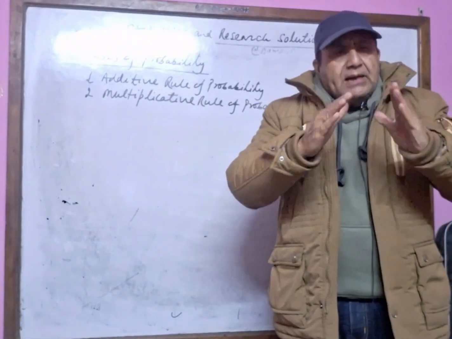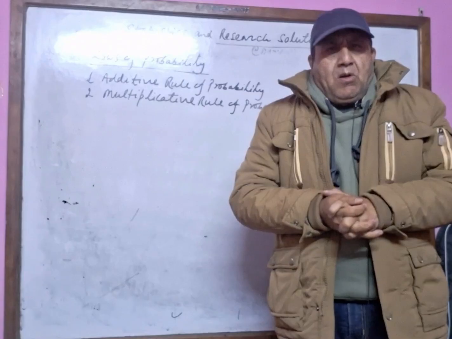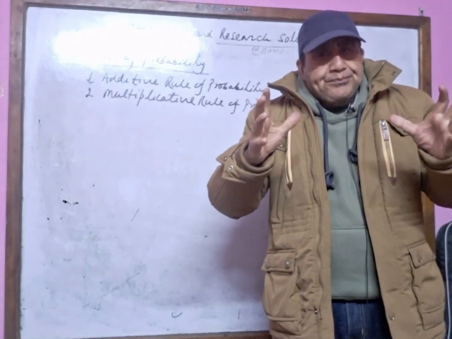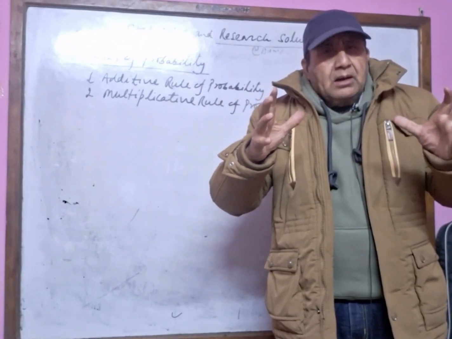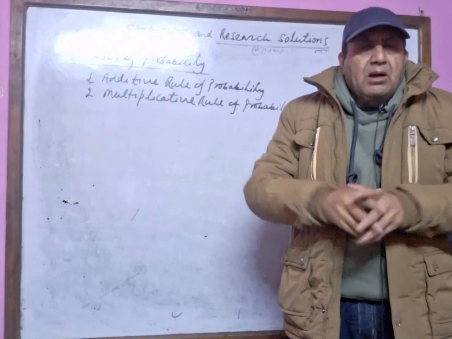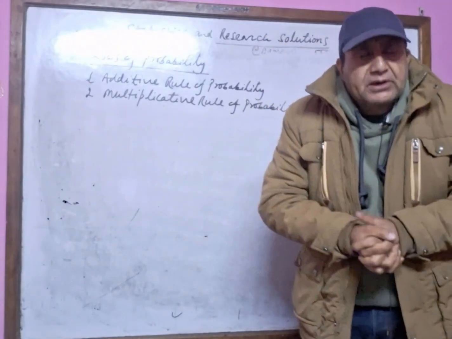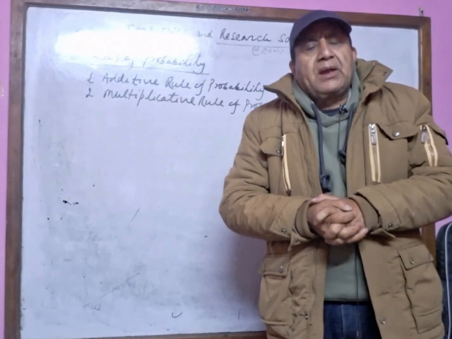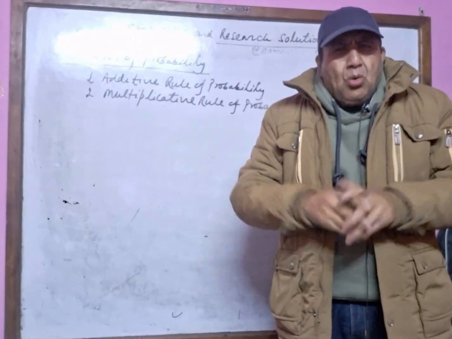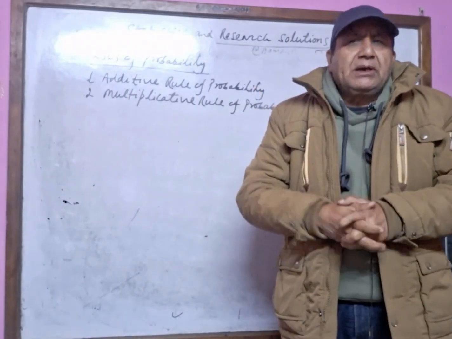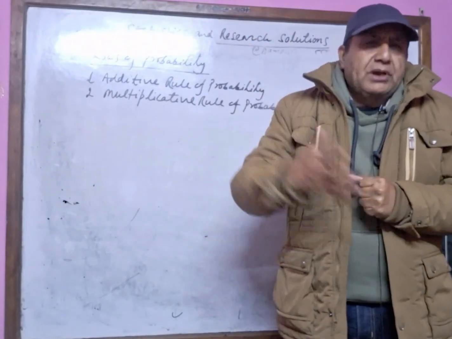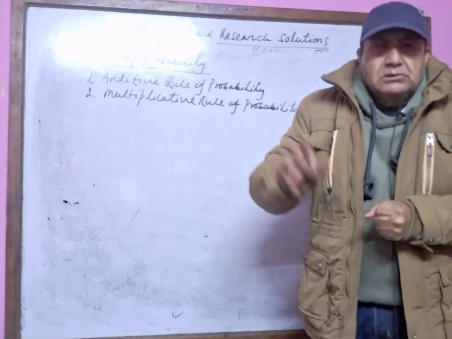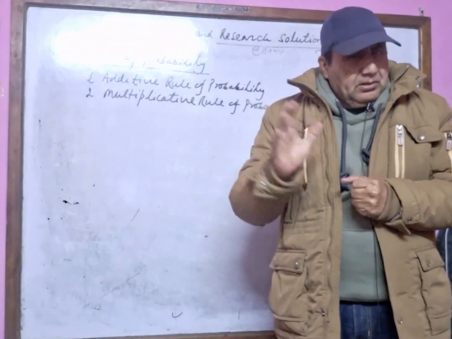So in the additive rule, if there are different events, two or more than two events, then what is the combined probability of those two or more than two events?